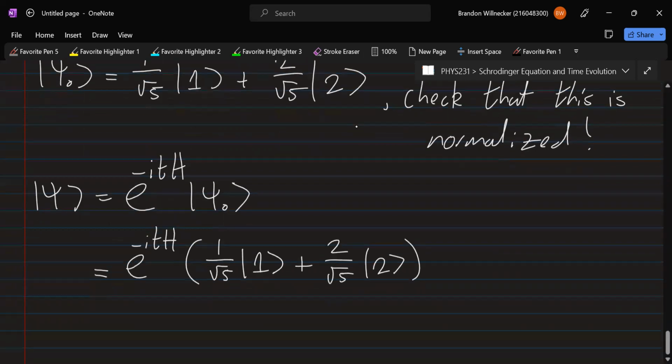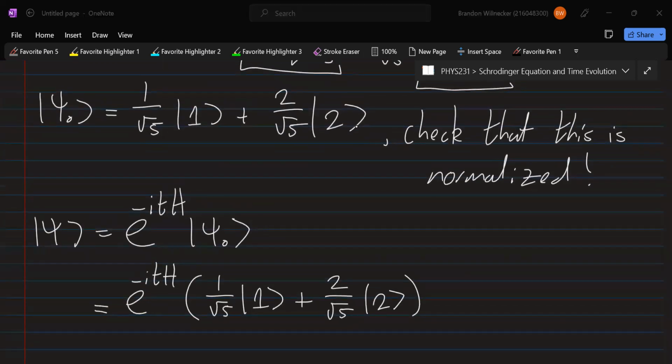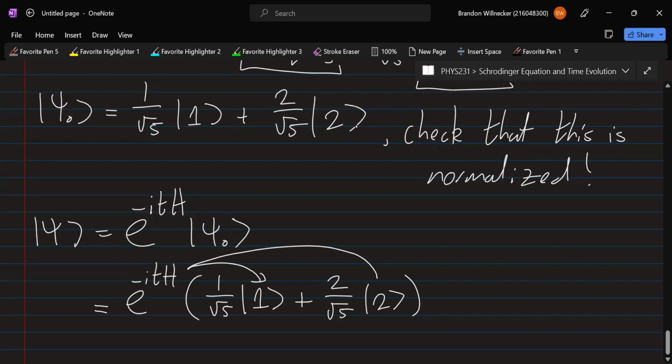Now, the nice thing is, if we have an operator like this, H, or a function of the operator, in this case e to the minus iHt, acting on an eigenstate or eigenvector like this and like this, what we do is we replace the operator inside the function with the corresponding eigenvalue.